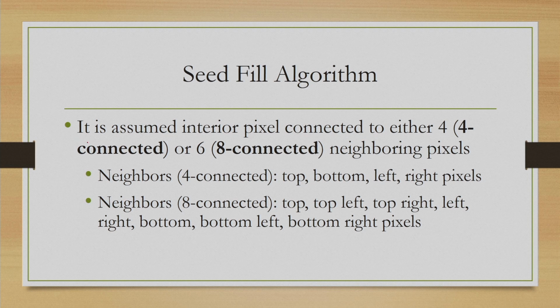Next, in this algorithm, it is also assumed that interior pixels are connected to other pixels in either of the two ways. Either they can be connected to 4 pixels, which is called 4 connected, or they can be connected to 8 pixels, which is called 8 connected. Now, these are the neighboring pixels. For example, suppose this is a seed pixel and there are pixels around.